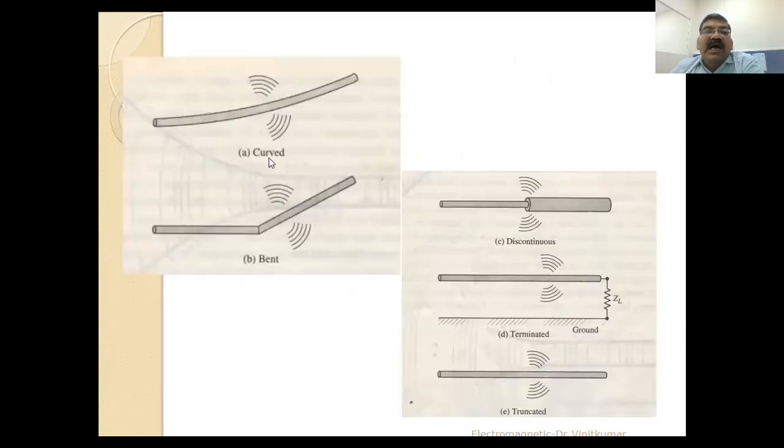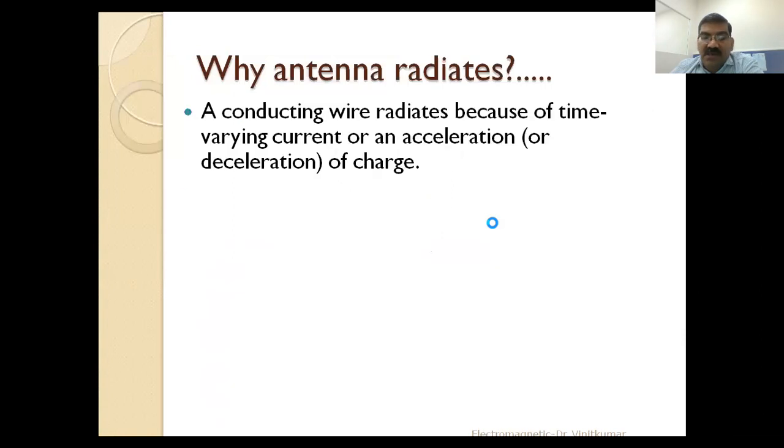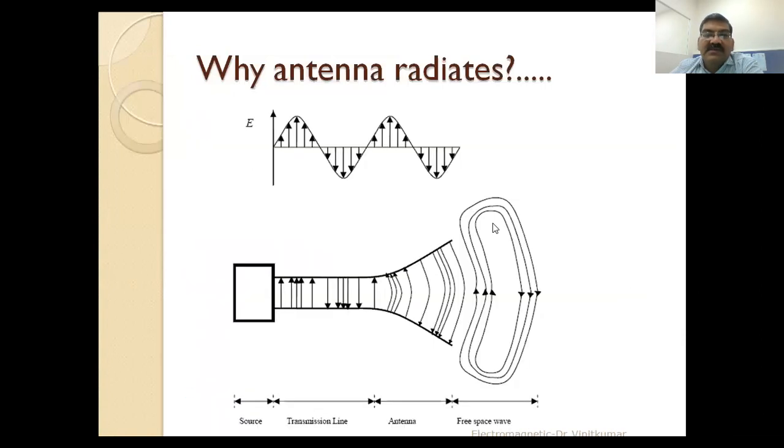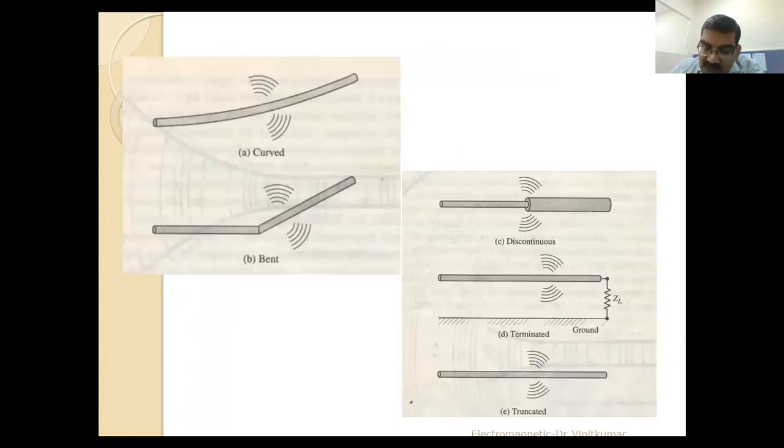Now if you have this curve or this bend, then due to the curve or the bend there is radiation. This curve or bend will produce radiation. As this is the curve, you can see the radiation.